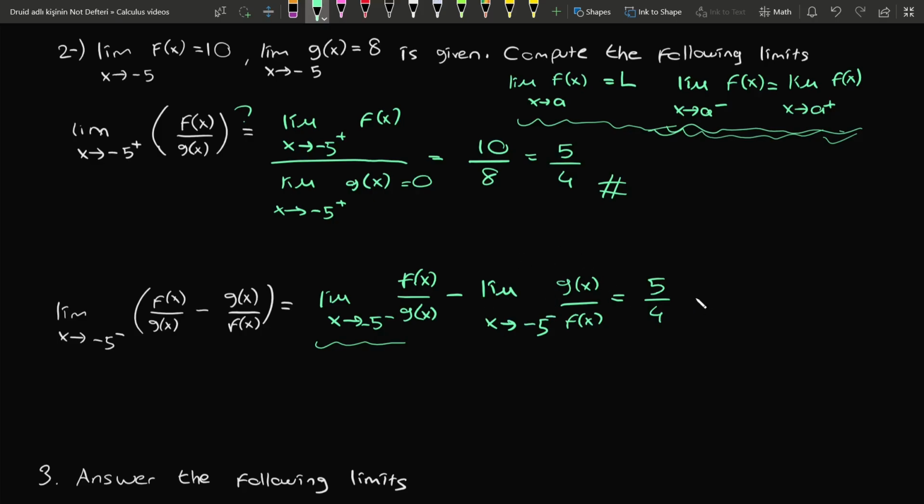It's the same thing here, but the only difference is now it's g(x) over f(x), which is going to be 8 over 10, which is 4 over 5. And if we expand every side with the correct number, 5 for here, 4 for here, we get 9 over 20.